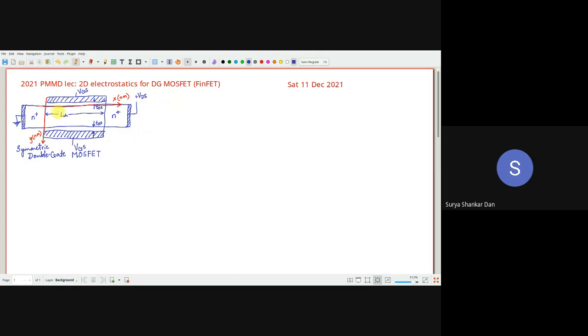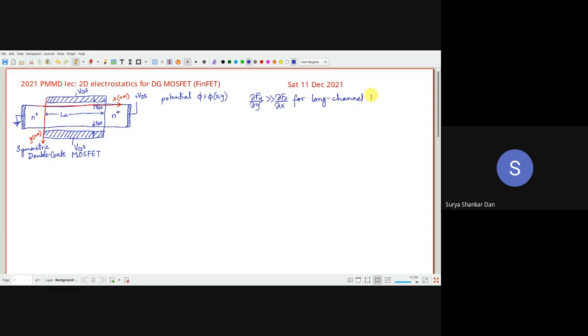First of all, notice that the potential phi, I'm not speaking about surface potential here, is now a function of x and y both. Remember, when we dealt with the conventional MOSFET situation, we saw, using the charge sheet approximation, that del phi by del y was much larger than del phi by del x for a long channel MOSFET.